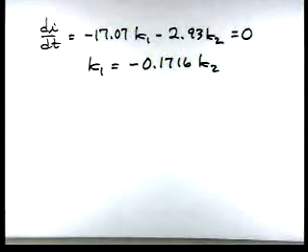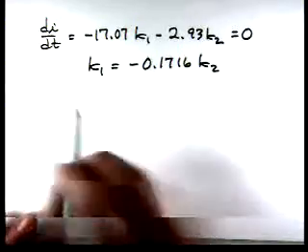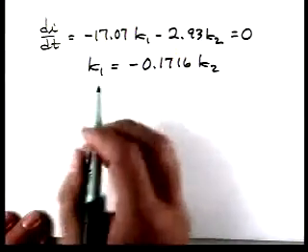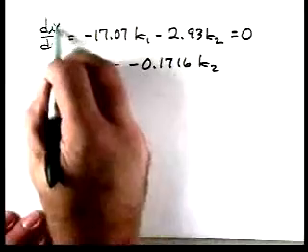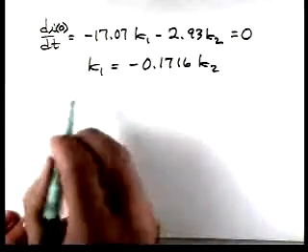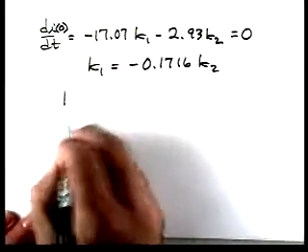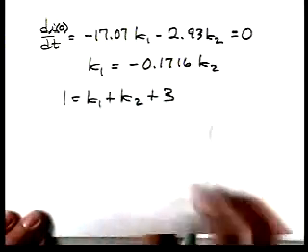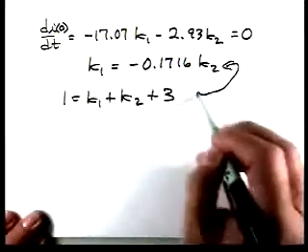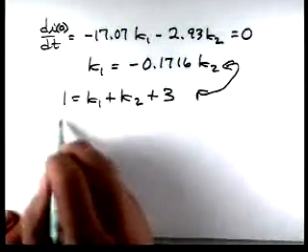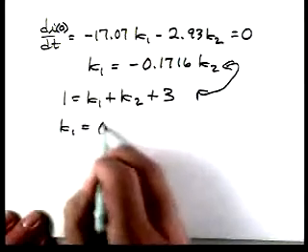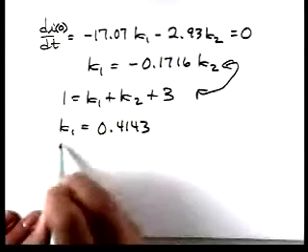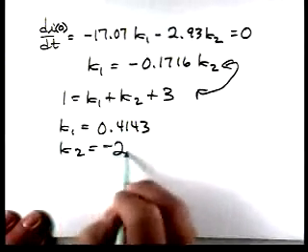So now we have 1 is equal to K1 plus K2 plus 3, and we have these two equations. If you solve, you get K1 is equal to 0.4143 and K2 is minus 2.4143.